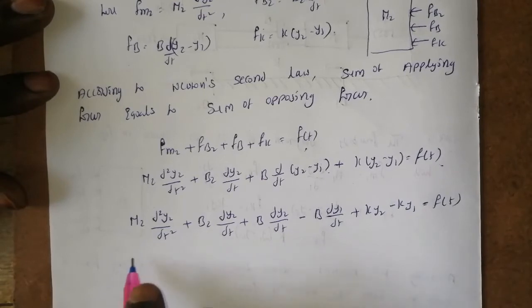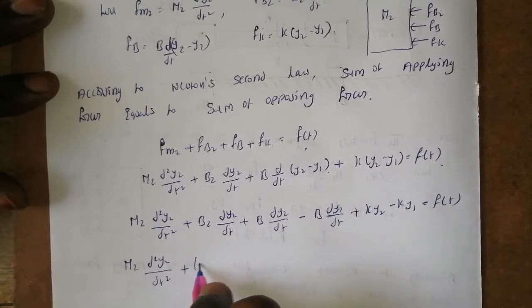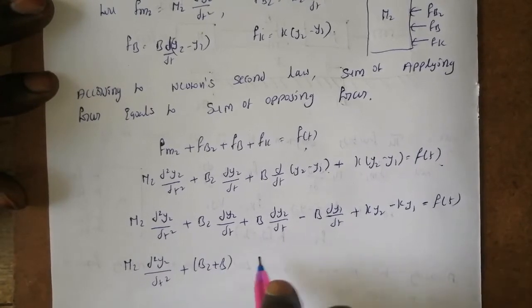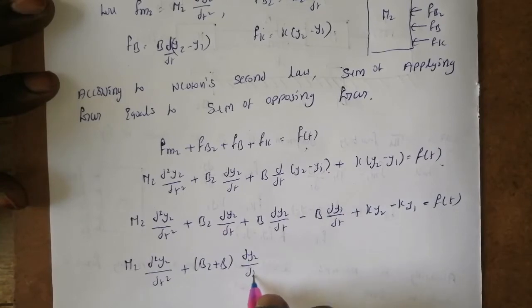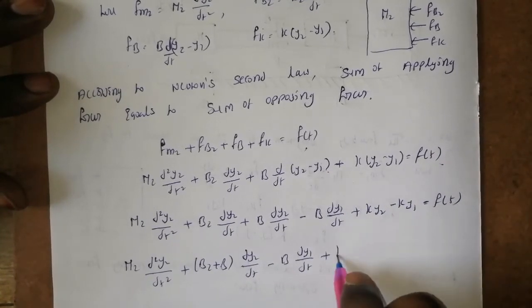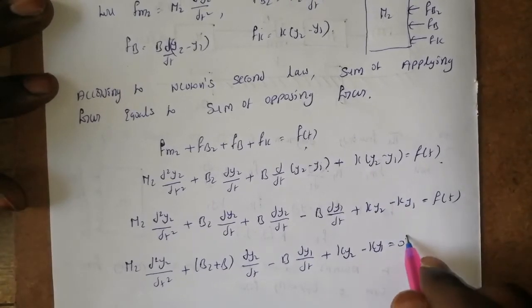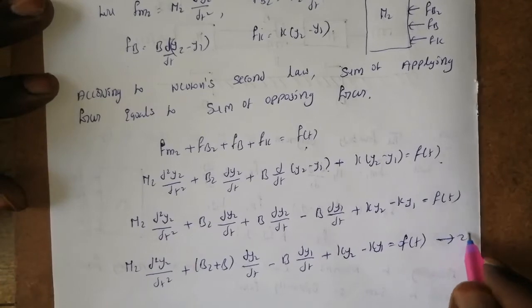Simplifying again: m2 d square y2 by dt square plus b2 plus b times dy2 by dt minus b dy1 by dt plus ky2 minus ky1 equals f of t. So this is equation number 2.